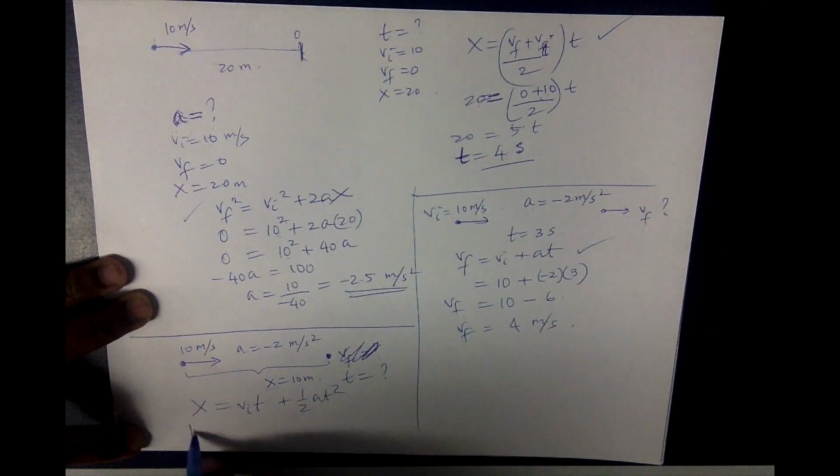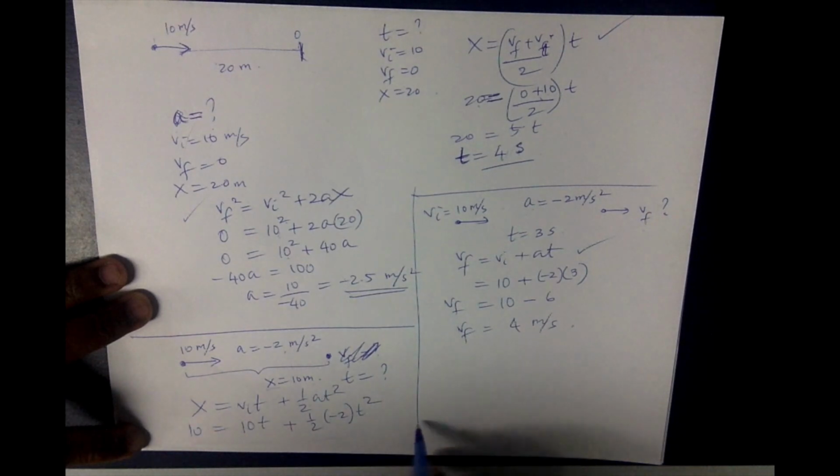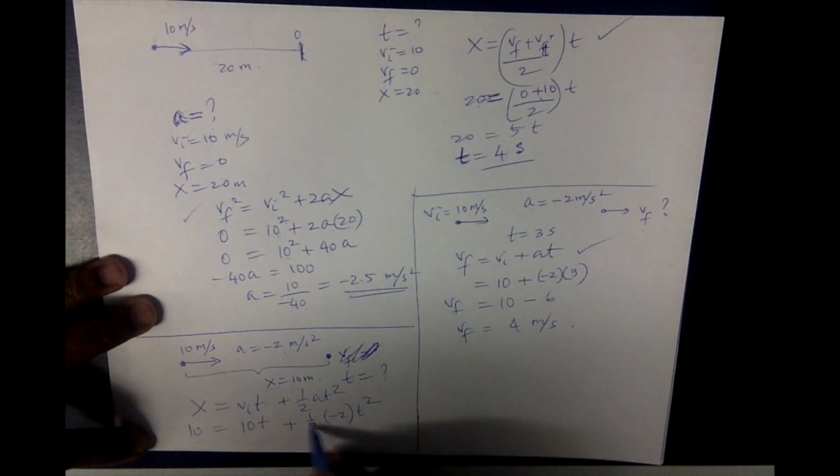So displacement is 10, initial velocity times time, so 10t plus half acceleration, which is half of minus 2, times t squared. Now this equation turns into a quadratic equation in t. If you simplify, this becomes minus t squared.